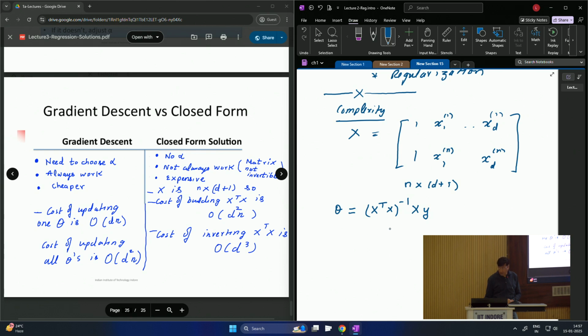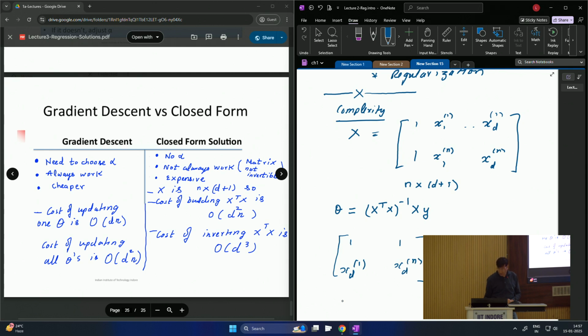Now, when you're doing x transpose x, you would take this matrix and transpose it. So, this will be all ones here, and this will become 1 to x_d1 and this will become x_dn.